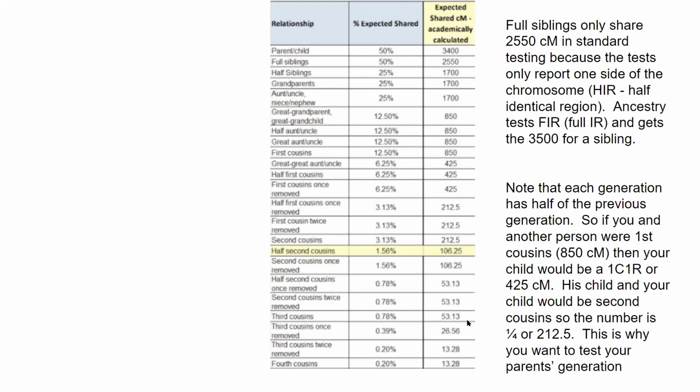Third cousins, 53. Fourth cousins, 13. This is one of the reasons if there's anyone living in your parents' generation, you want to get them tested. I got my mother tested a few years before she passed on, and that has provided an immense amount of information for me about her family.